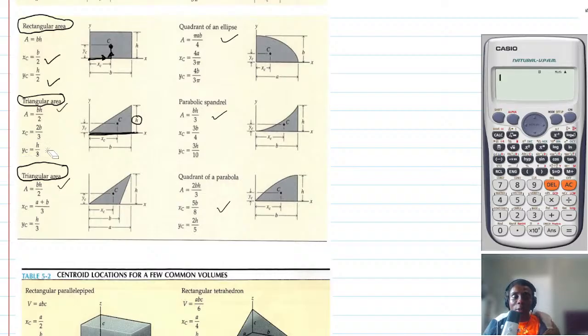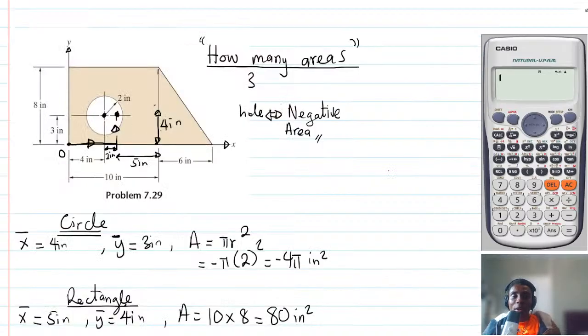That h/3 means that whenever you have a triangle sitting somewhere, the centroid will always be at a distance from the base which is 1/3 of the height. So if this whole distance is, let's say, 8, then to get to the center, it is somewhere here, and that distance from here to here is 8/3.